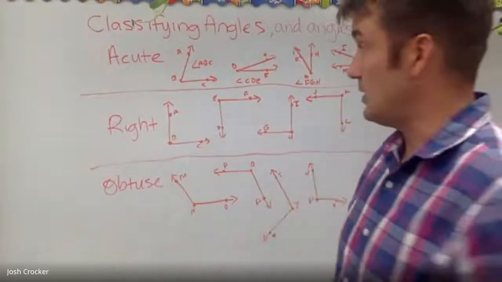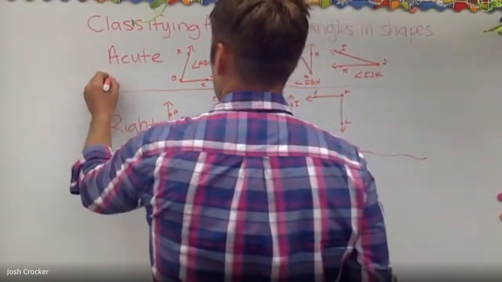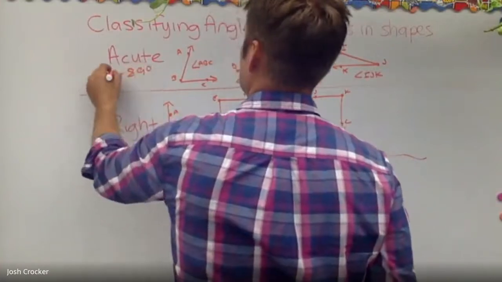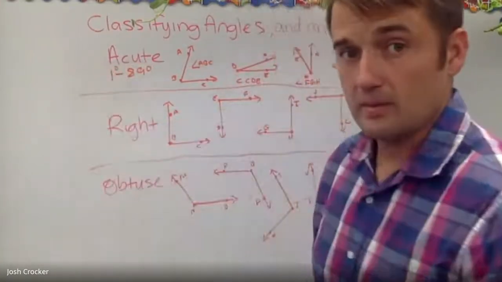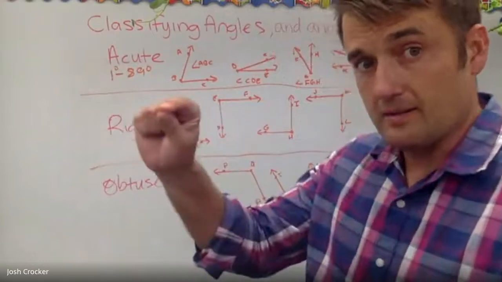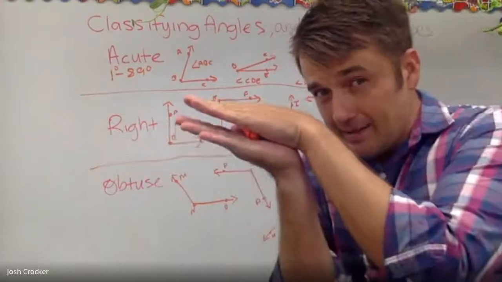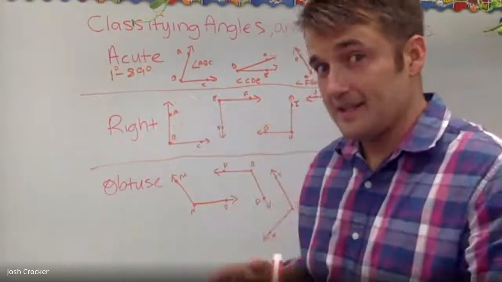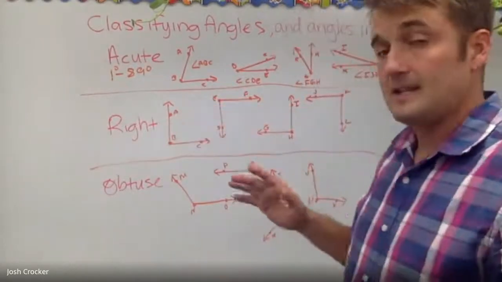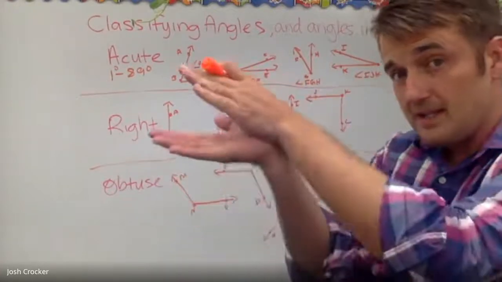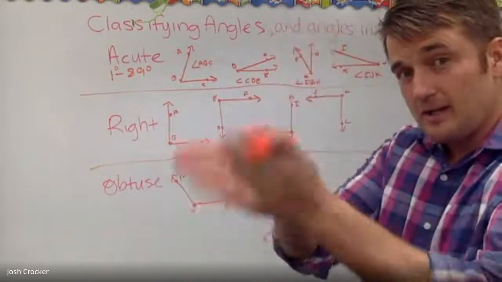Okay, so acute angles are really 1 to 89 degrees. Because if you had 0 degrees, it wouldn't be an angle, it would just be a segment, right? There has to be some separation, two pieces, right? 1 degree, then it's an angle, okay? And it doesn't matter which way it's facing or turned.